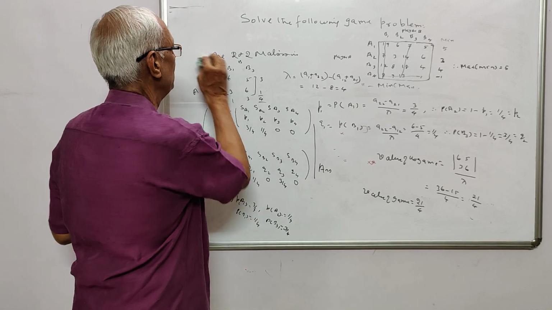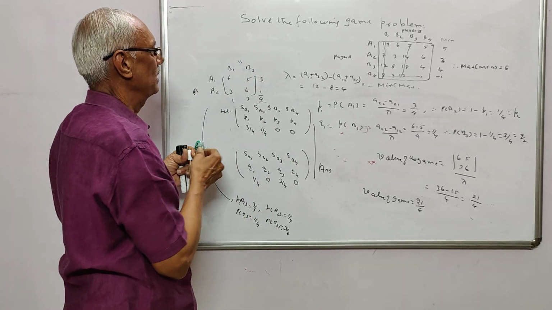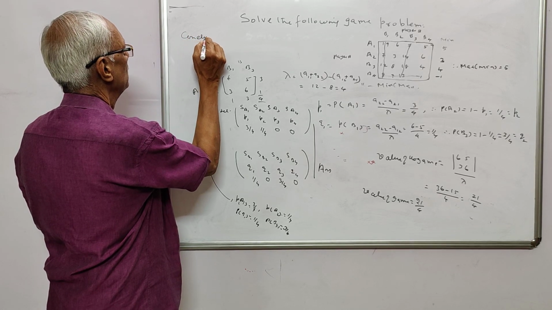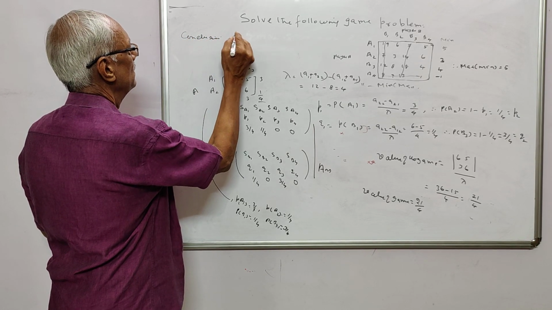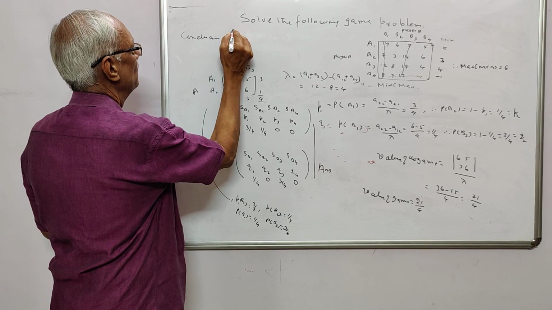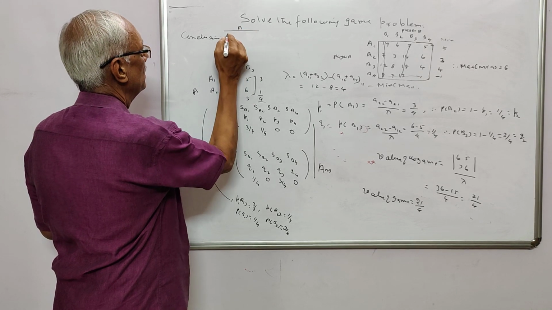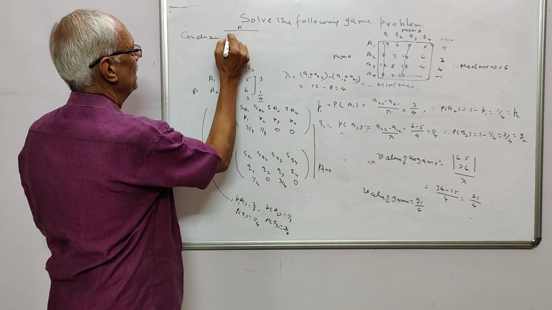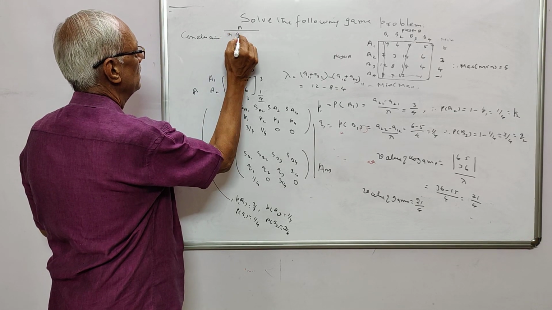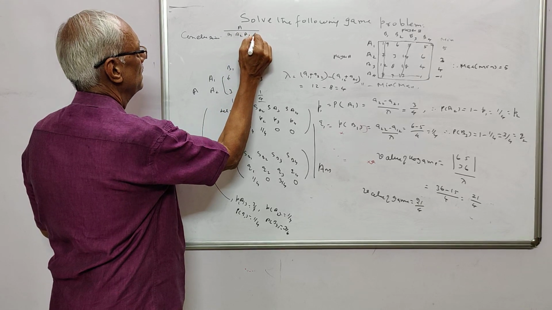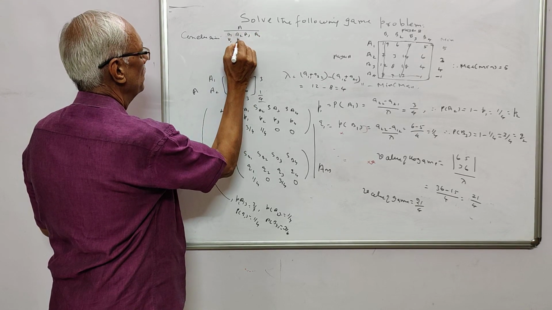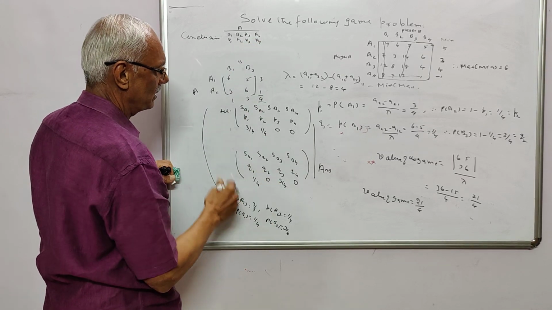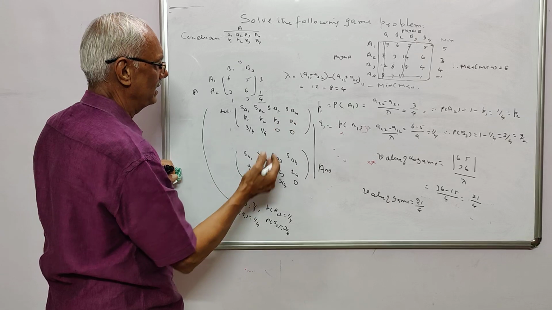And therefore what I will write here is the conclusion. You must write the conclusion. The conclusion is for A: A1, A2, A3, A4, P1, P2, P3, P4. You can write this again, that is more than enough.